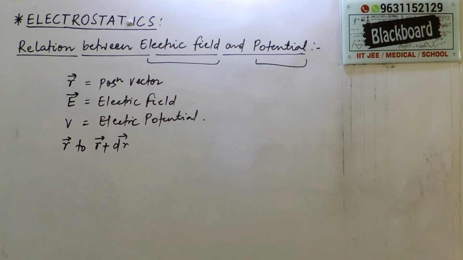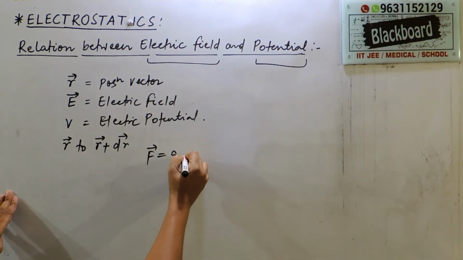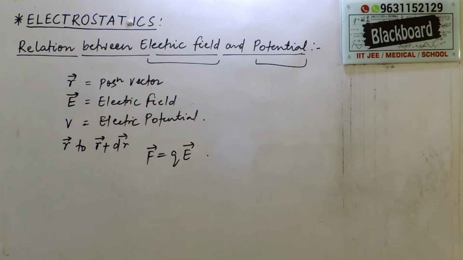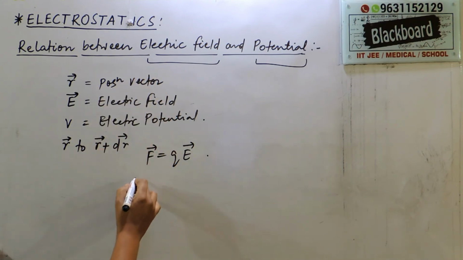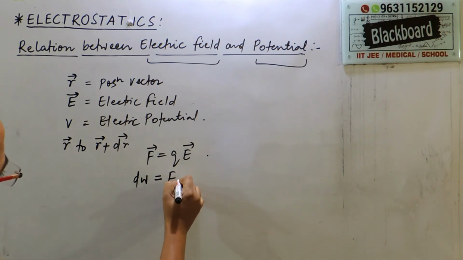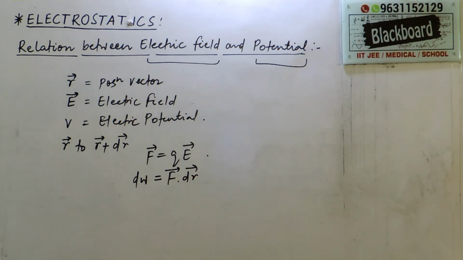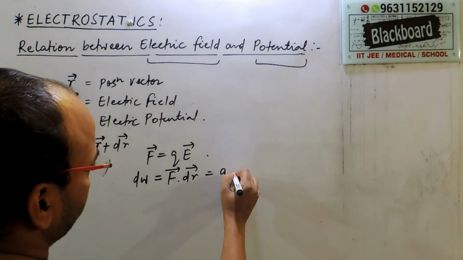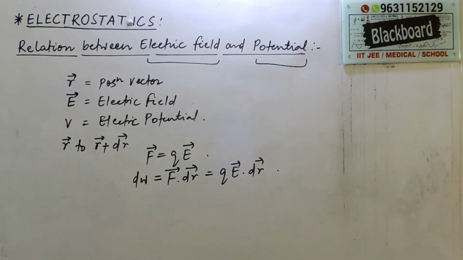A charge Q is shifted, then the force on the charge is F is equal to Q into E. E is electric field, F is the force, and the work done by the electric field during the displacement is dW, and dW is equal to F dot dr, where F is force and dr is displacement. Now F is Q E, and this is dr.